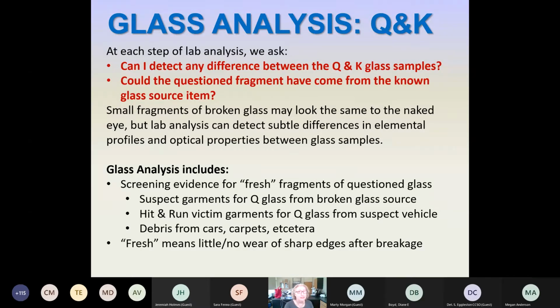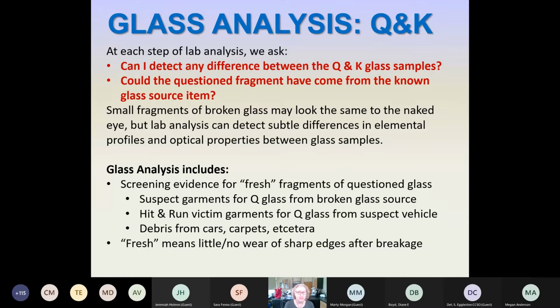So some glass cases begin with the screening of the evidence. Not all cases, but I'm sure this will sound familiar to you. Sometimes we receive debris from vacuum sweeping from a car, or we've even received cases where we get the entire car mat that's just kind of rolled up and put into a box.